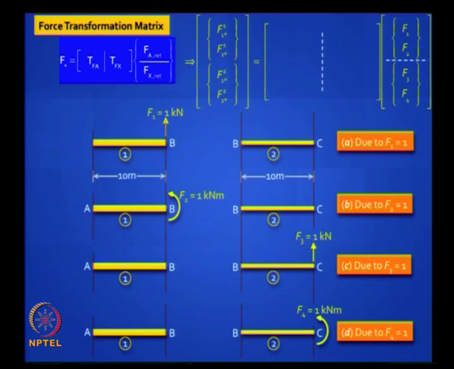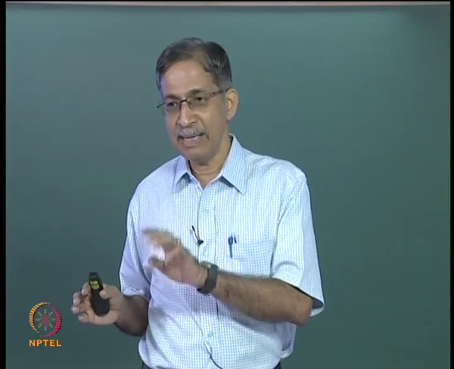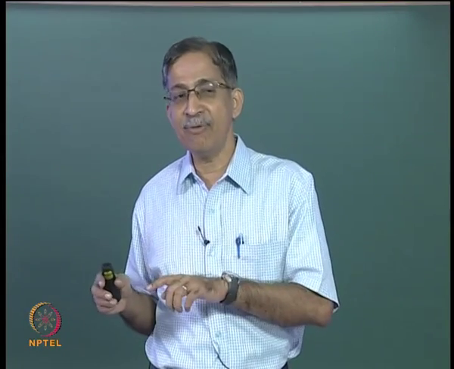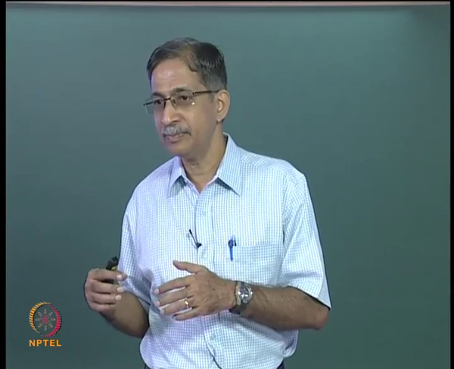So F1 1 star, F1 2 star pertains to the end moments in the first element, and F2 1 star and F2 2 star pertain to the end moments in the second element. You have 4 coordinates, global coordinates, F1, F2, F3, F4. F3 and F4 corresponds to X1 and X2, right.